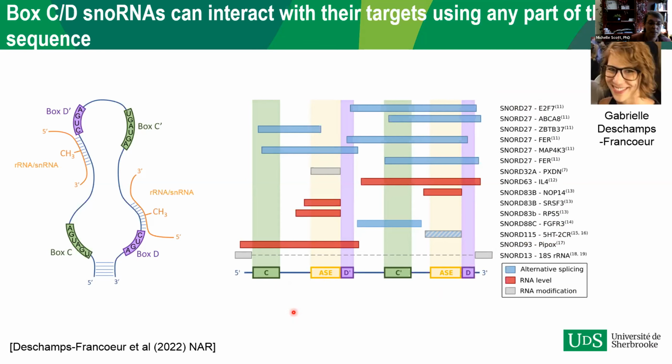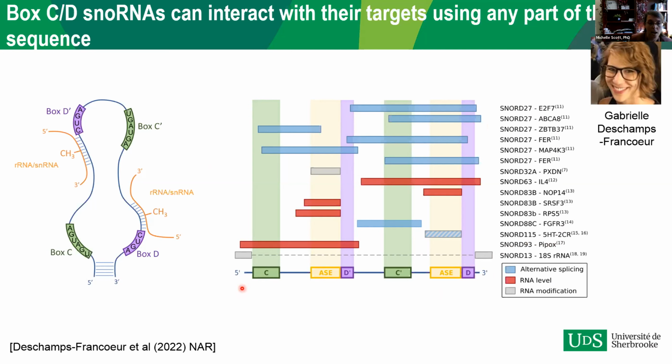When she compared these two sets, in the case of the canonical targets of snoRNAs, all of them involve binding to what is known as the guide region in box C/D snoRNAs. This is a region found immediately upstream of the box D and or the box D prime. But in the case of the non-canonical functions of snoRNAs, they can involve any portion of the snoRNA.